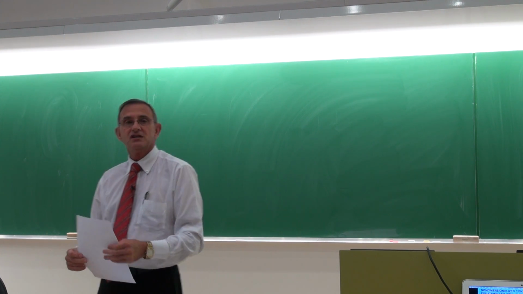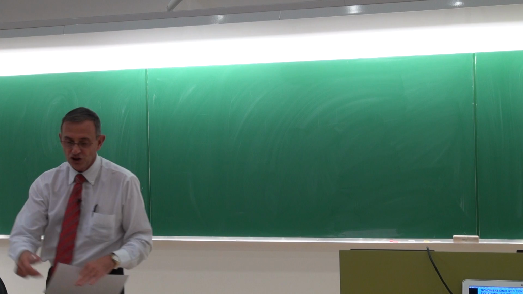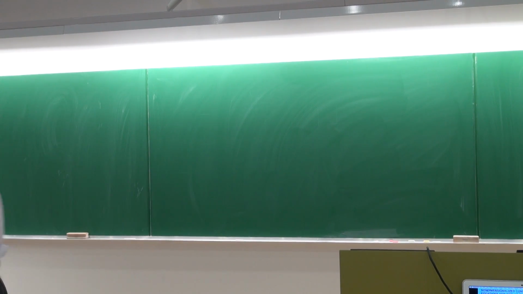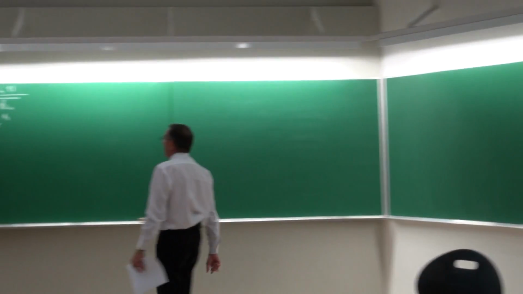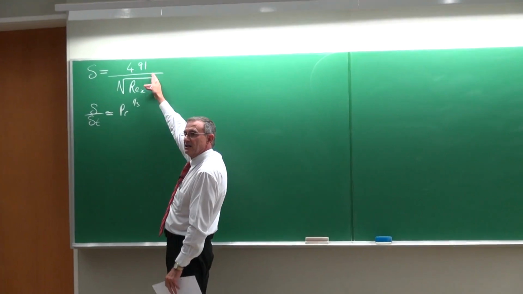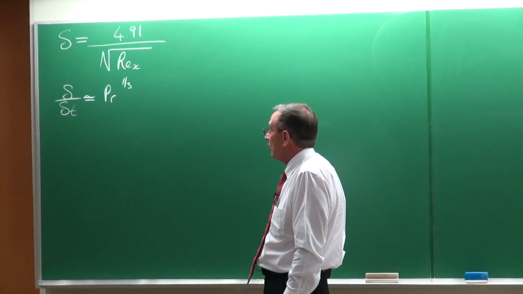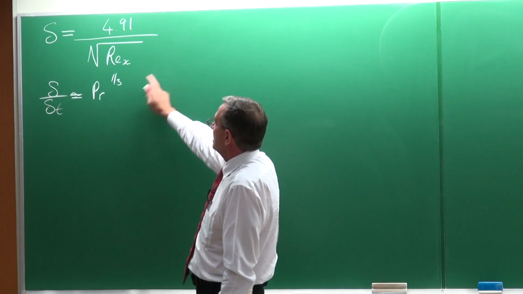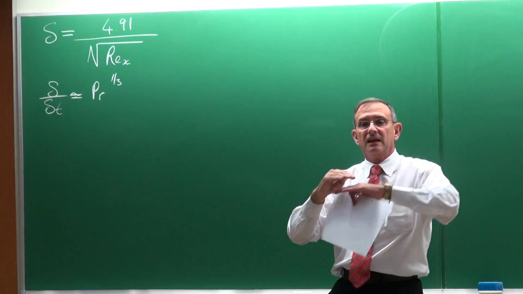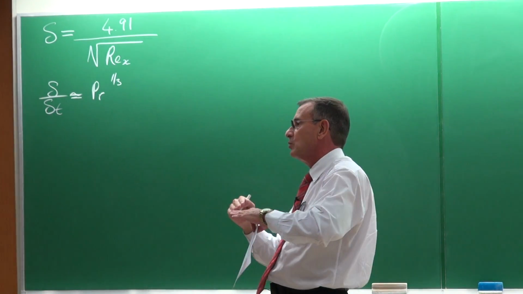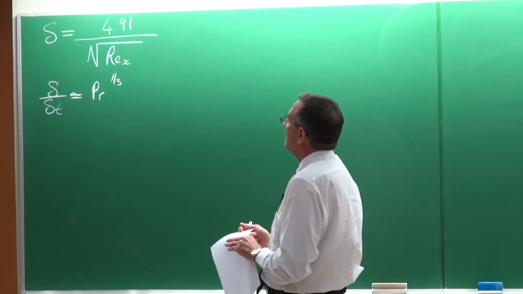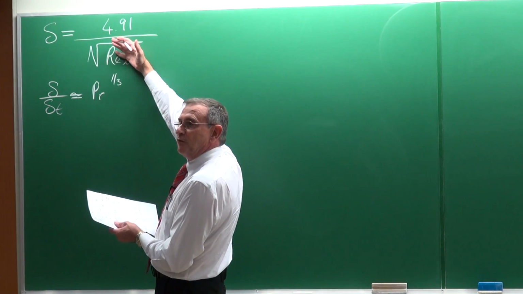And previously I showed you the derivation of the boundary layer thickness, which can be approximated as approximately 4.91 divided by the square root of the Reynolds number, and that is specifically for laminar flow over a flat plate. That's from the fluid mechanics part.